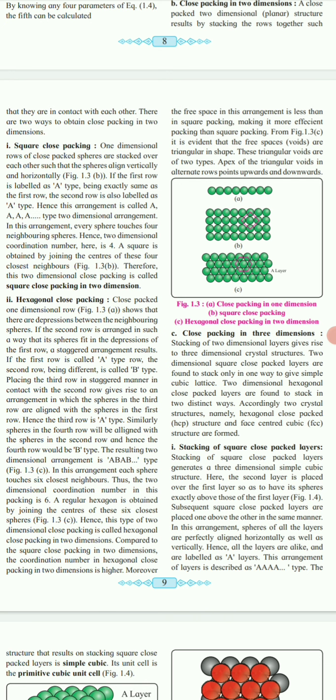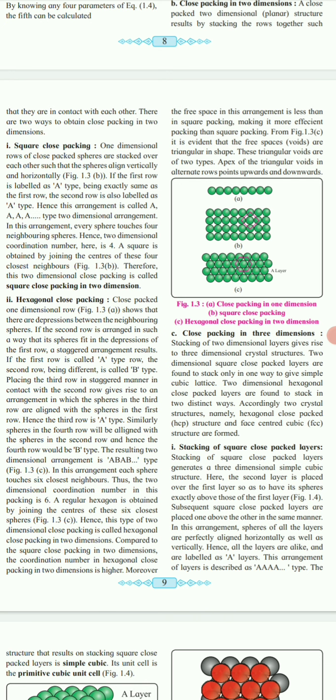If the first row is called A type row, the second row, being different, is called B type. Placing the third row in a staggered manner in contact with the second row gives rise to an arrangement in which the spheres in the third row are aligned with the spheres in the first row.